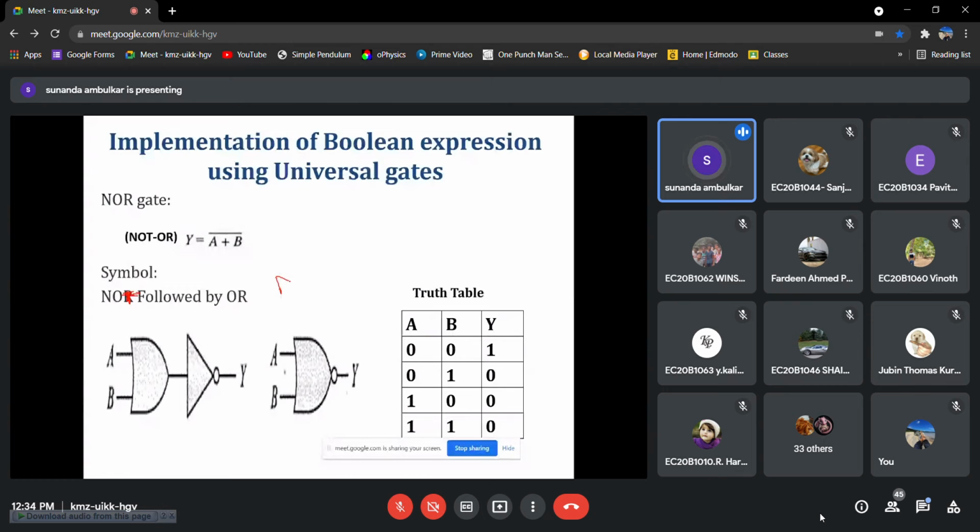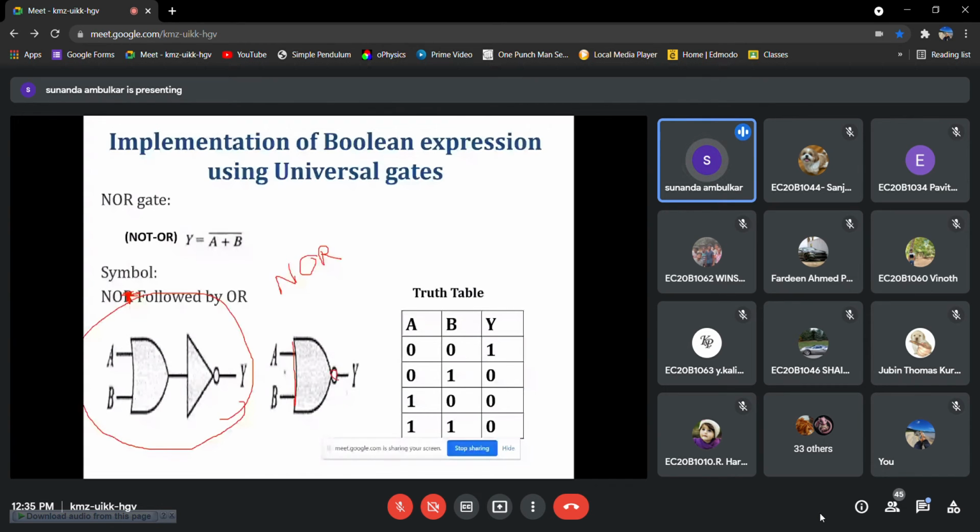See, this is the simple symbolic representation. This is the final symbol with the bubble here. The bubble indicates it is NOT.